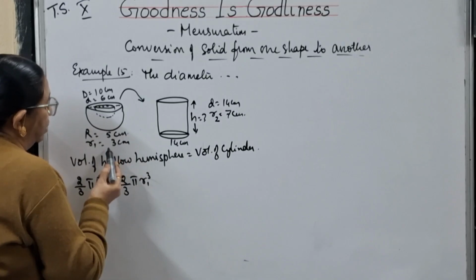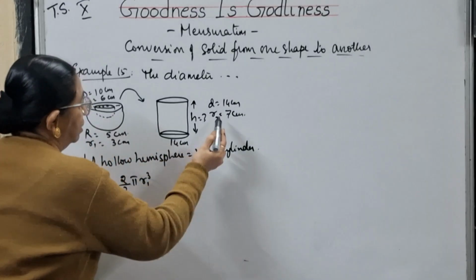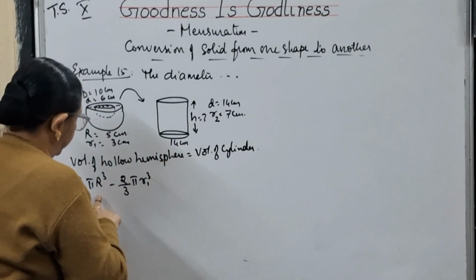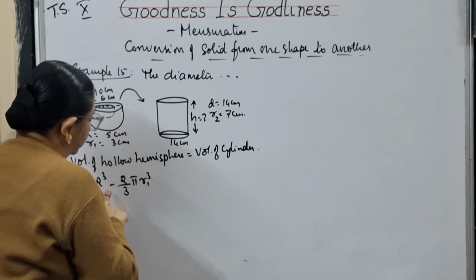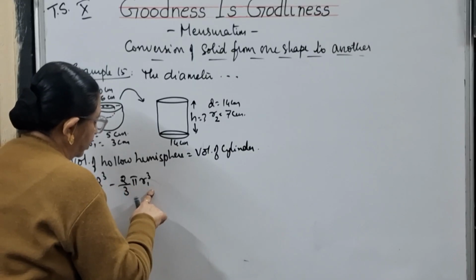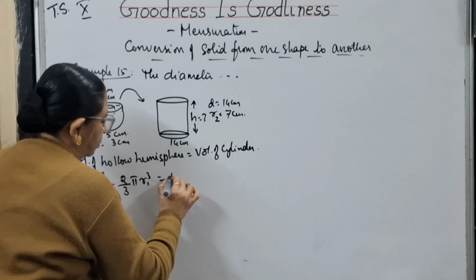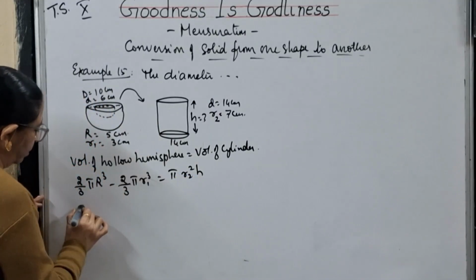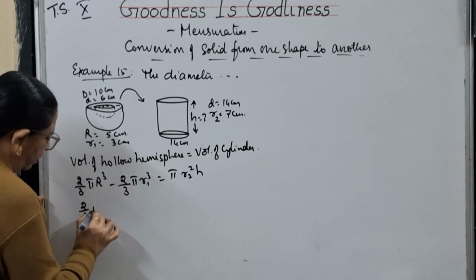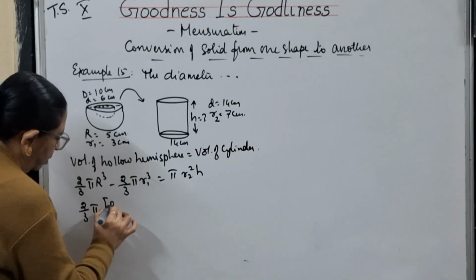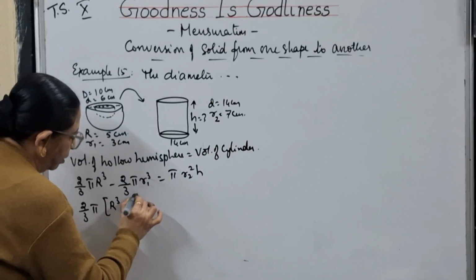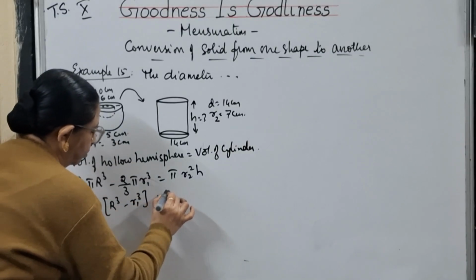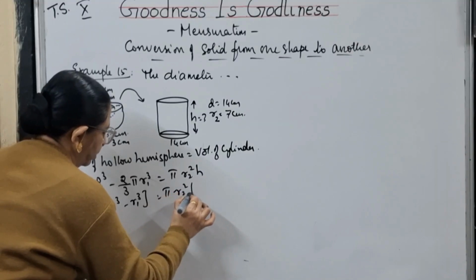That is why I call this radius R1 and this one R2. So 2 by 3 pi R cube minus 2 by 3 pi R1 cube is equal to pi R2 square H. In this, 2 by 3 pi is common, into R cube minus R1 cube, equal to pi R2 square H.